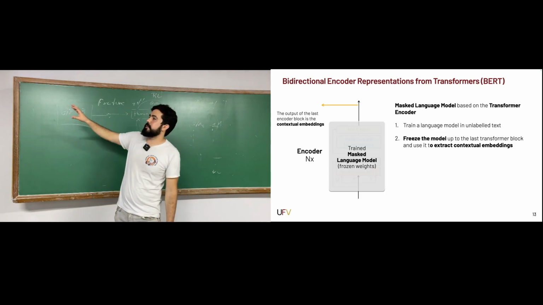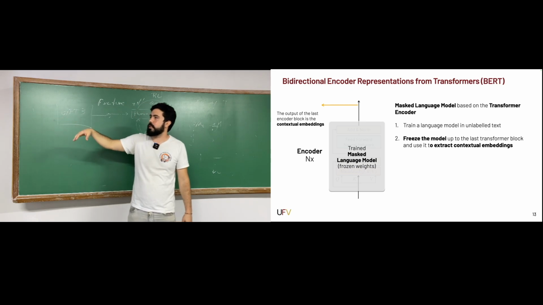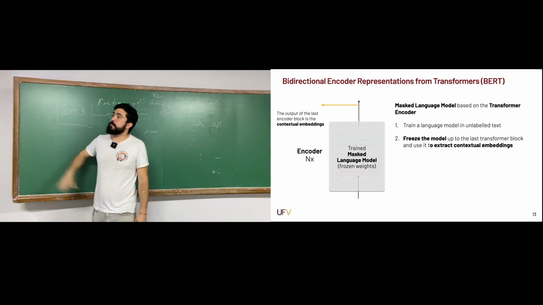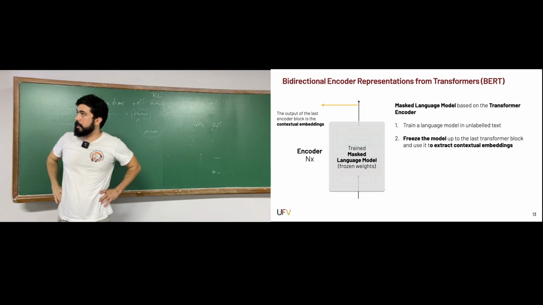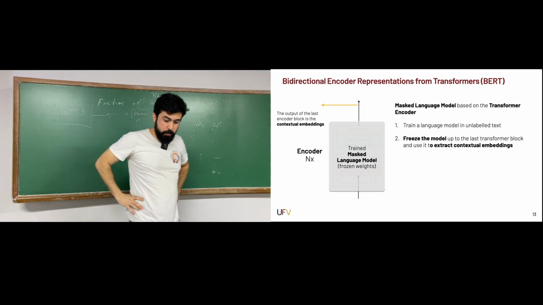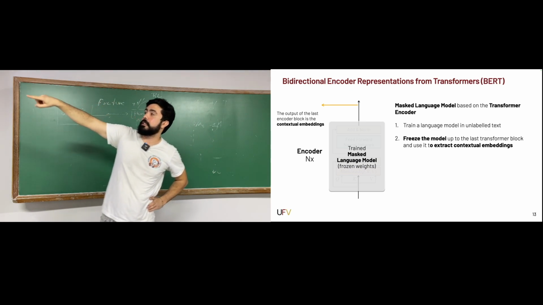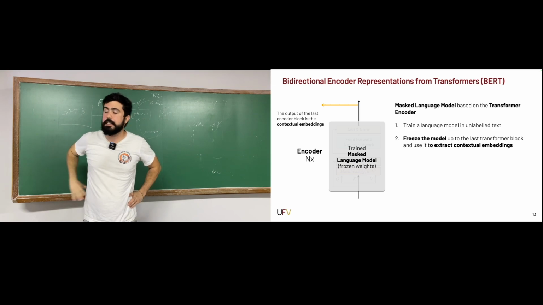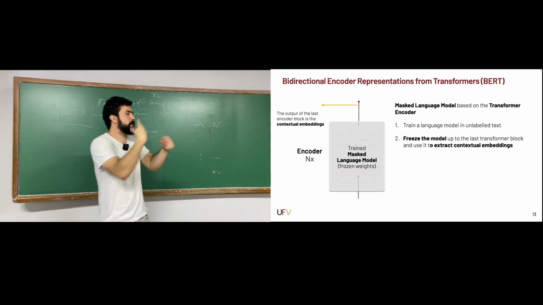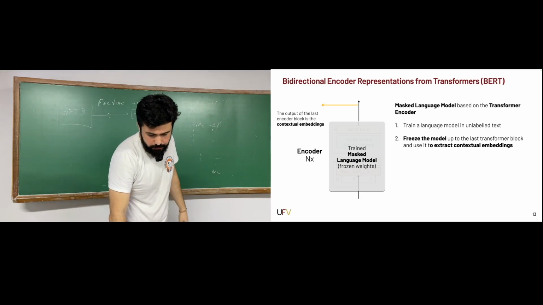But then you do the same thing. You freeze the model after you train your masked language model. You freeze the model to extract contextual embeddings. And your embeddings are going to come from the last block of the encoder. Okay? So basically, you would take the representations that are coming out of the last encoder. Remember, you have n encoders on top of each other, right? So you just get the last one.